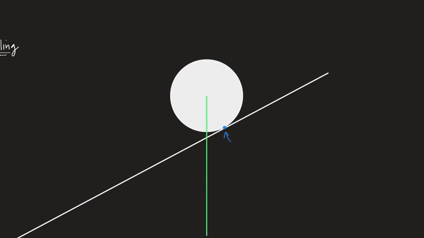But you'll notice I'm drawing gravity at the point where it acts on the object, the center. Nice and big. Now, there's also a normal force. The normal force has to be drawn so that it starts at the point of contact and is perpendicular to the surface.